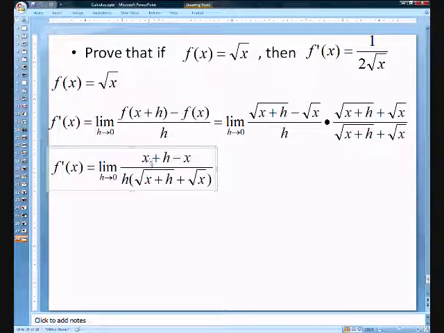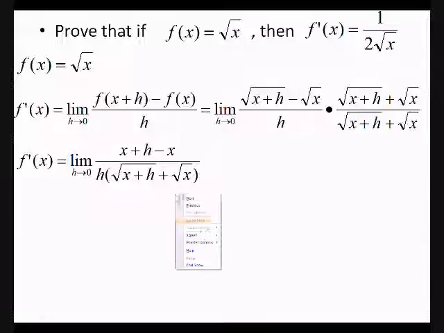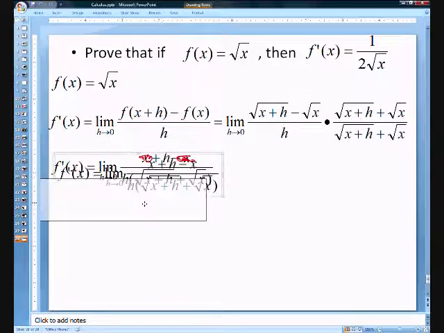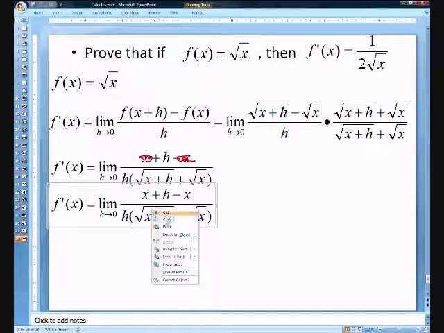So what do we know from here? Well, we can see clearly that this x is going to cancel out with this x there. So these x's cancel out. And let me show the intermediate step, I guess, just for clarification.